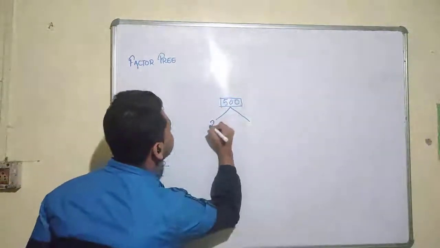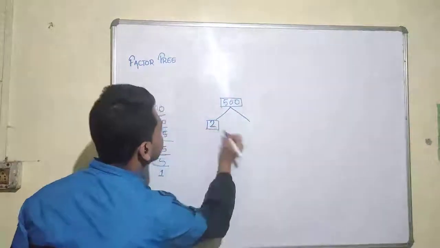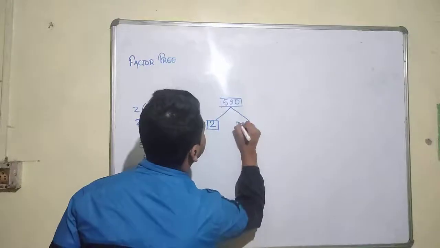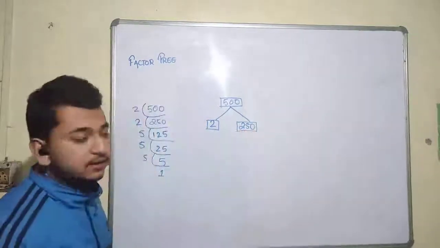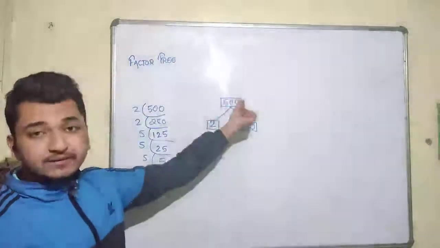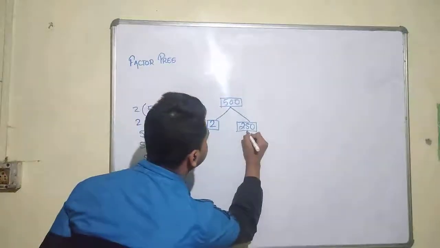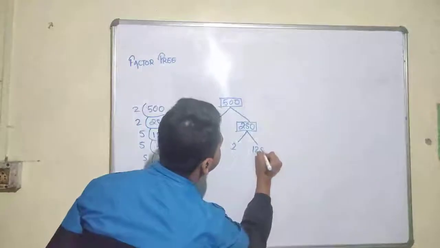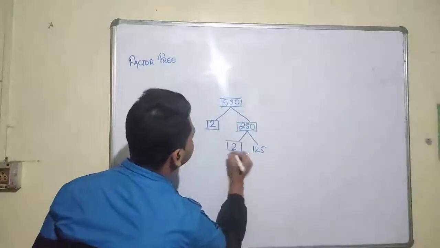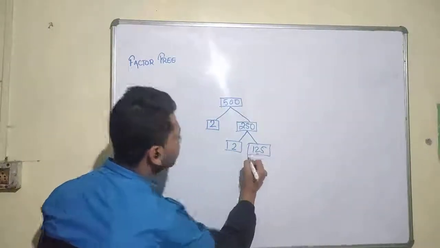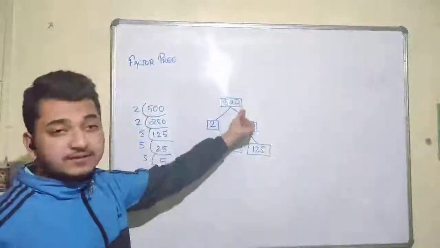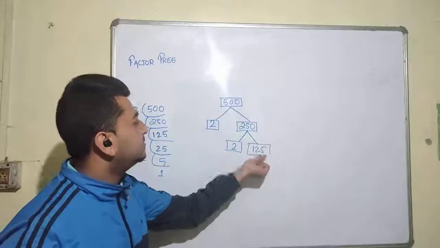So the number is 2, and 2 into 250 is 500. Now this 250 can be expressed as 2 into 125. 2 into 125 is your 250. So 2 into 250 is 500, and 2 into 125 is 250.